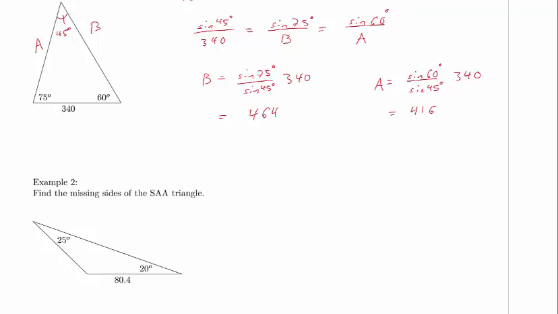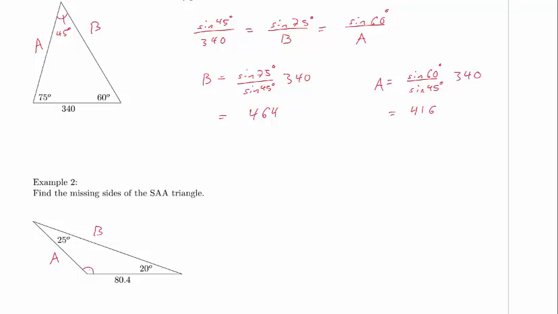We've got to find the missing sides of the side angle triangle. Alright, so again we're going to use the law of sines. So here we've got 20 degrees, so we'll call this over here side A, and we're going to call this side B. So first let's go ahead and work with the low-hanging fruit, so to speak.